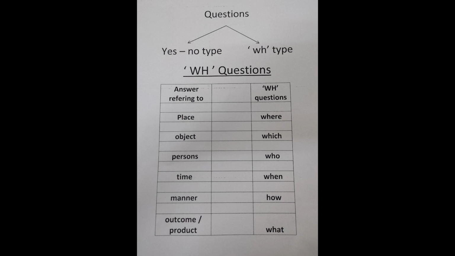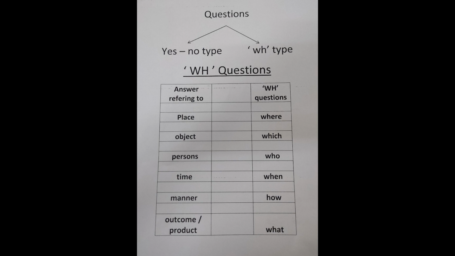The second type of question is WH type of questions. Means the questions which start with WH. And they are usually asked for getting more information about some place or time or some human being or manner and so on and so forth.